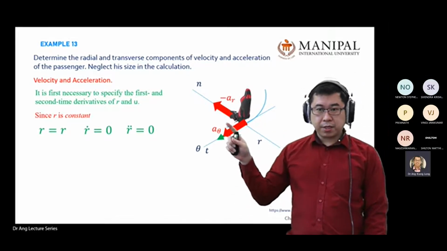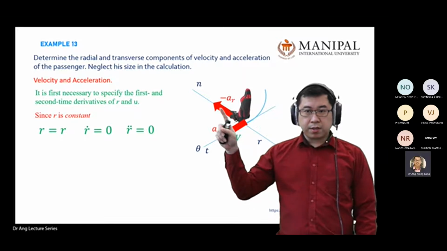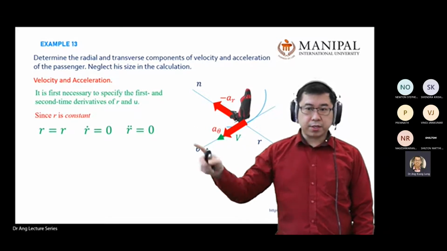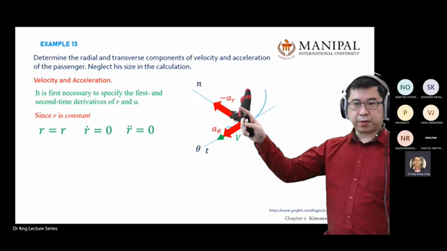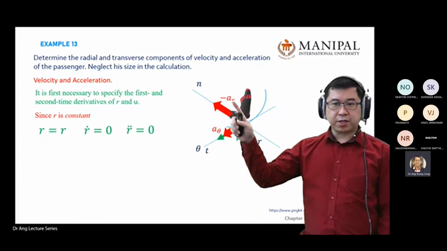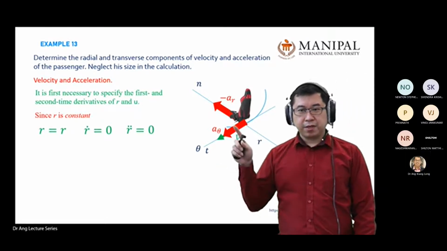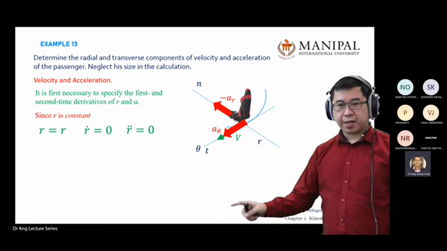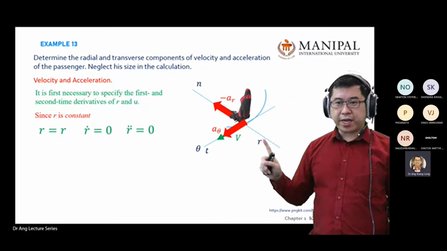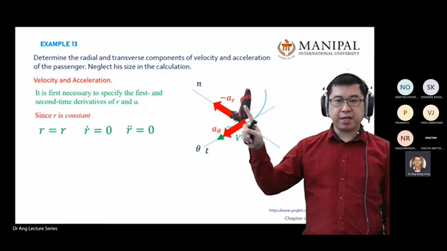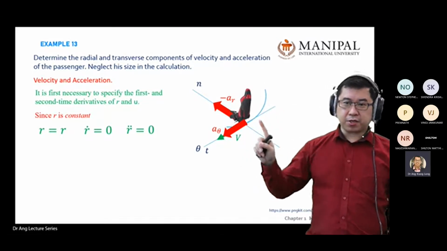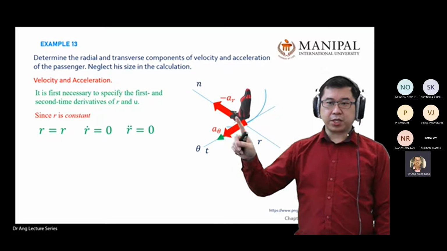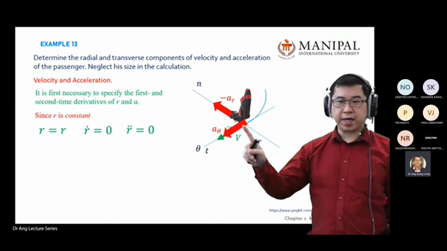So in this case, your R is in this direction. Later we will calculate your acceleration in R. Based on our schematic diagram, our acceleration in the radial direction, to maintain the position in the circle, will be going this way and not this way.